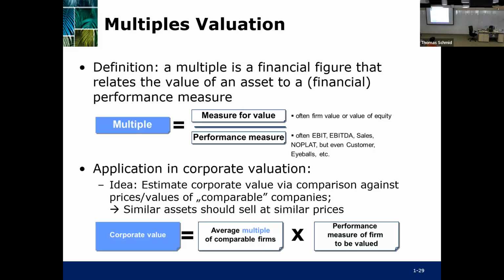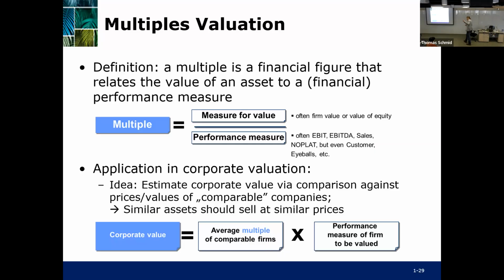So the idea is then as follows. Let's say the firm you want to value is a social network company, and your social network company has 20 million active users. You know there is another social network company, let's say Facebook. Facebook has 100 million active users. And you know Facebook has a value of 100 million because you can observe the market price.